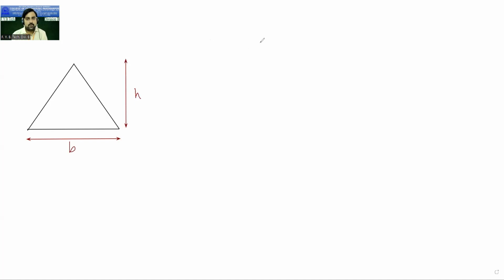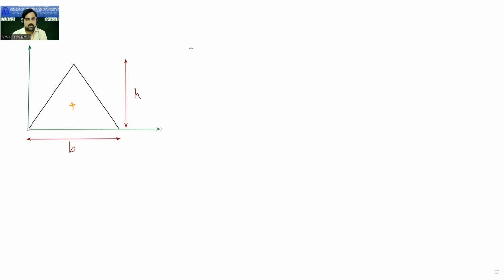Now the centroid of this triangle may be situated somewhere here. If I draw the reference axis, you should draw it in such a way that your figure comes in the first quadrant. This is the y-axis. This is your x-axis.